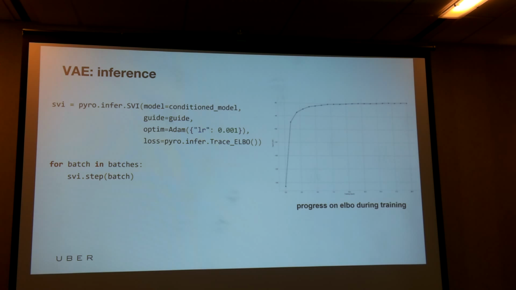We prepare our model to be conditioned on data by wrapping it with condition or passing in data, and constraining our sample site X in the model to be equal to the images that we're generating. We create a wrapped PyTorch optimizer, this Adam object. And we use the same loss that we've been using, this Pyro.infer.Trace_ELBO.